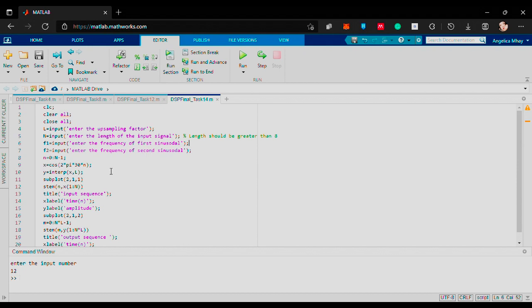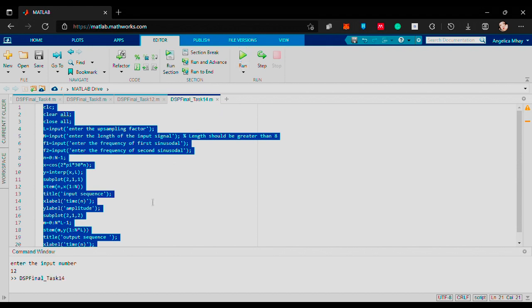For the specific equation, we're going to use x input = cosine 2 times pi times 3 times n. We're going to run the code.